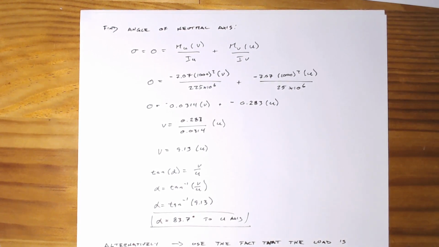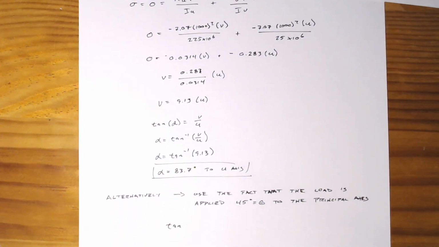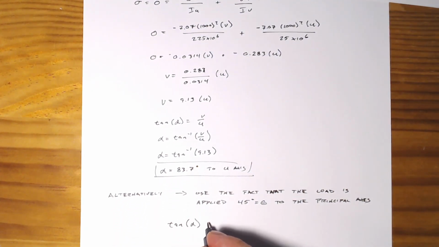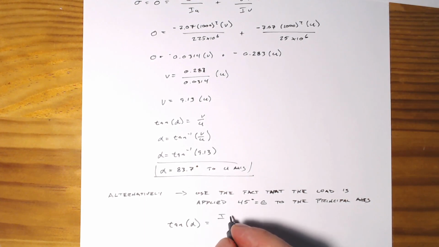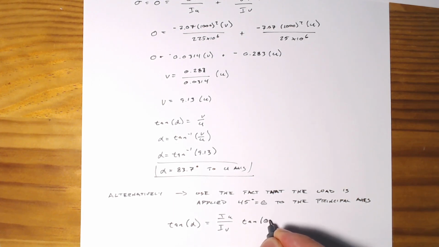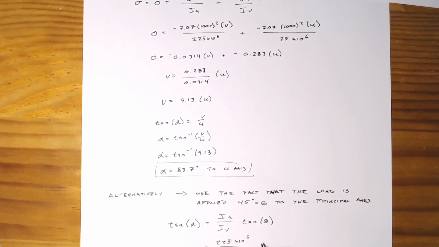And therefore, tan of alpha equals I_u over I_v times tangent of theta, equals 225 times 10 to the 6th over 25 times 10 to the 6th times the tangent of 45, and we get alpha equals 83.6 degrees.